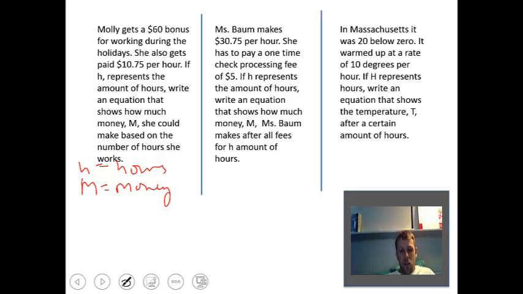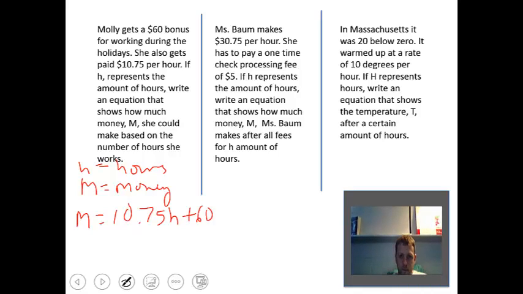Well, in this story, is there something that's constantly happening? What's constantly happening is she gets paid $10.75 per hour. And there's something that doesn't constantly happen. She gets a bonus. So in addition to that, she gets $60 extra. So the total money she makes would be 10.75 times H plus 60.